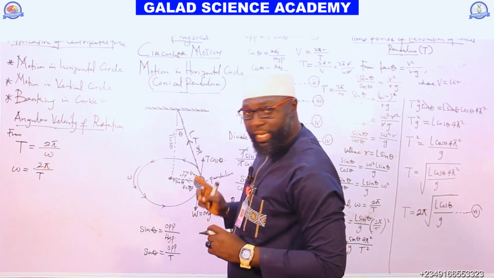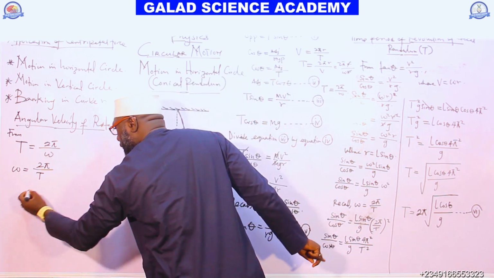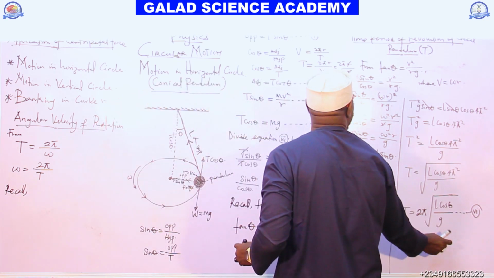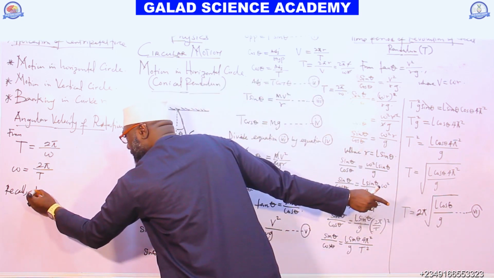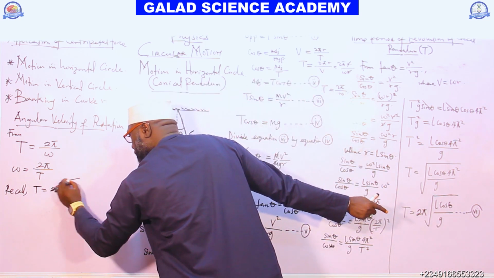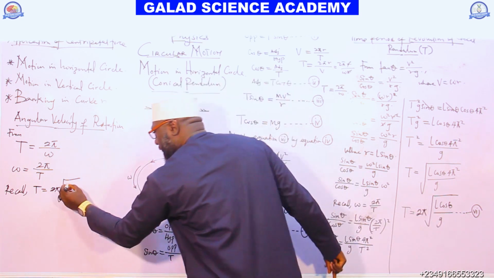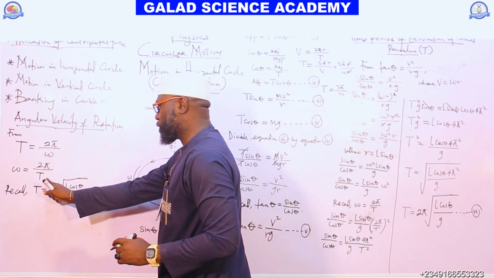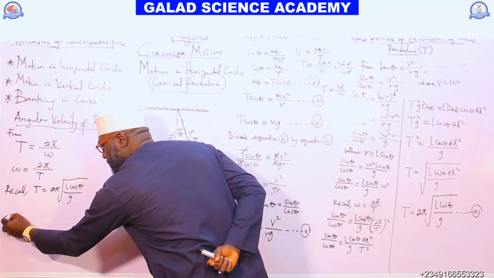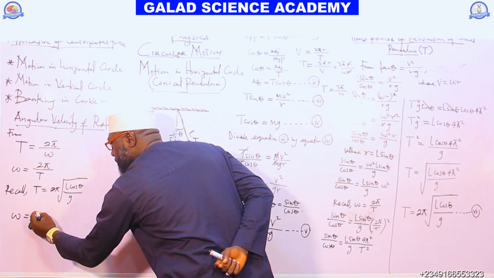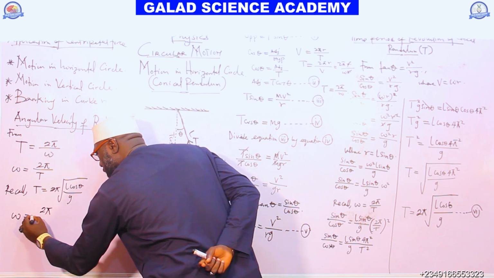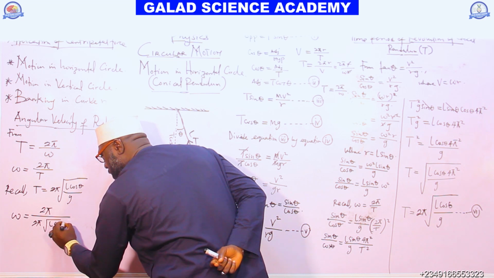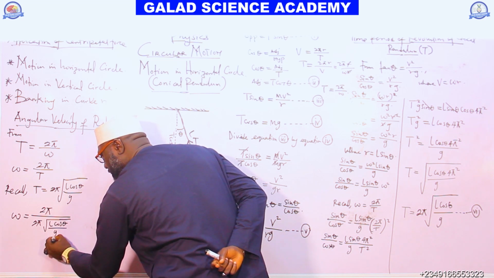And again, recall that from here, the period of conical pendulum is T equal to 2 pi square root of L cos theta over g. That is the period. Let us substitute for period here. The angular velocity will be 2 pi over 2 pi into the square root of L cos theta over g.